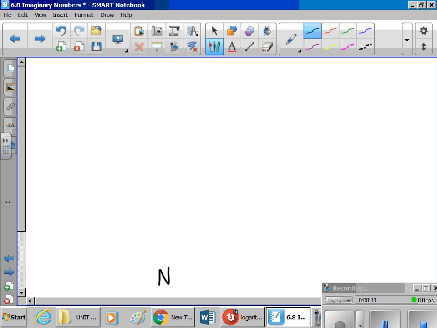That's like 1, 2, 3, and so on. Bigger than the natural numbers are the whole numbers. The whole numbers are the same as the natural numbers, except this time we include 0, which is a really big deal, to be able to include 0 in our set of numbers.